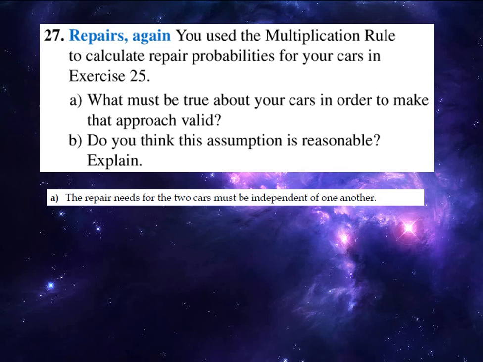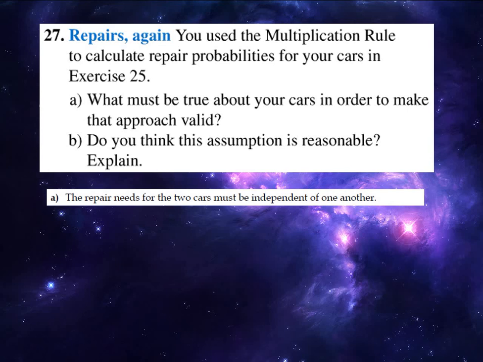When you have one family or one individual owning multiple cars, there is something that links those two together. Just like the health of you and a sibling are not necessarily independent. If one of you gets sick, that's going to increase the chance for the other person to get sick because you're sharing the same space.